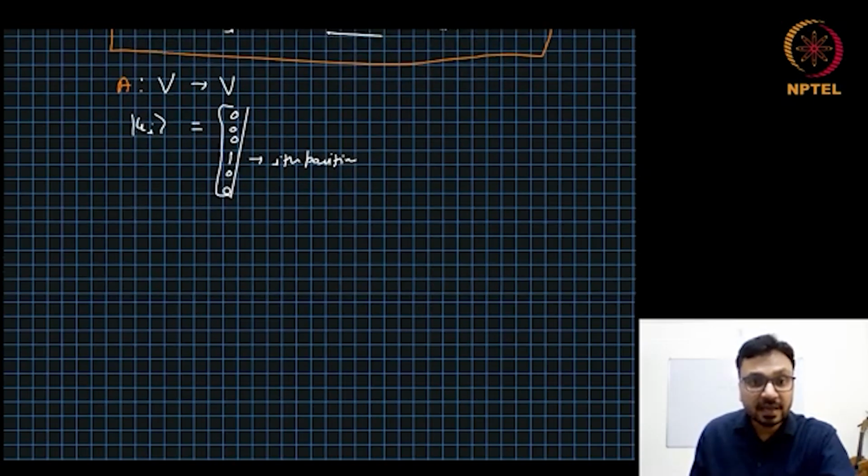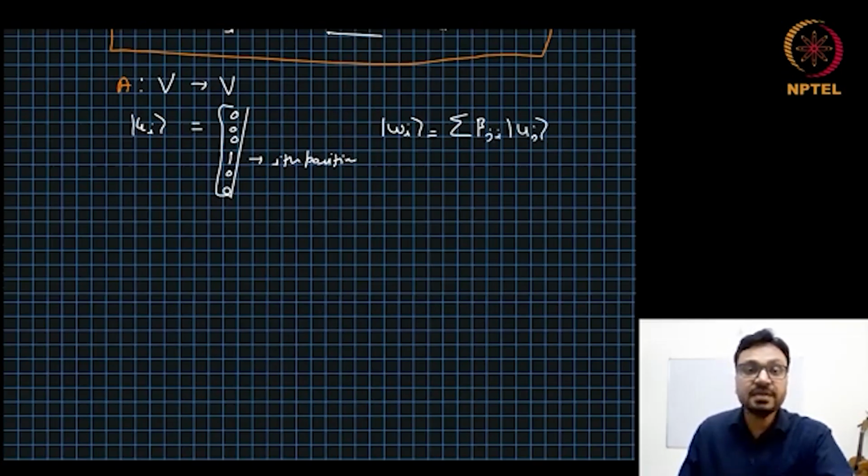Since A acts on V and gives vectors of V, our ωi can also be written as the sum over j of beta ji |uj⟩. Every vector can be decomposed as a linear superposition of the orthonormal basis ui, so every ωi can also be written as a superposition of uj's.